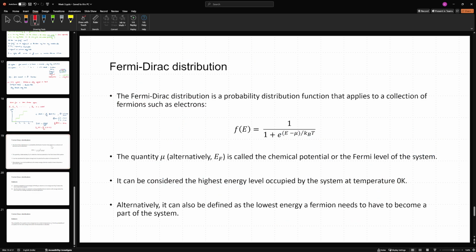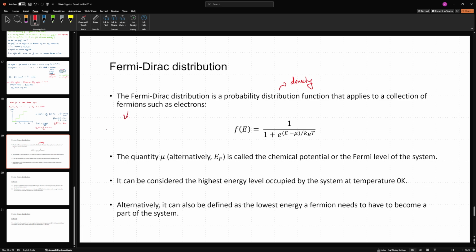So the closer for today's session is the Fermi-Dirac distribution. There is not much to solve here, but a good deal to observe and understand. So the Fermi-Dirac distribution is the probability distribution function. Again, when I say probability distribution function, this is also a density function. So that applies to the collection of fermions. Now, what are fermions?